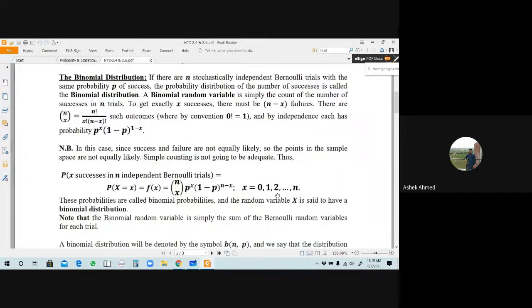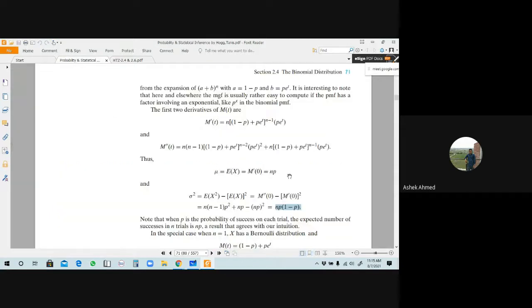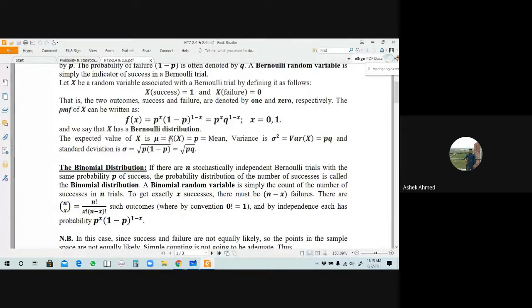Tell me, if you compare this result with this, we already know about the mean of the binary distribution, that the mean was p and the variance was pq, but in the binomial distribution the mean is np and the variance is n into p into q, where 1 minus p is q. Now tell me what is the difference between them?